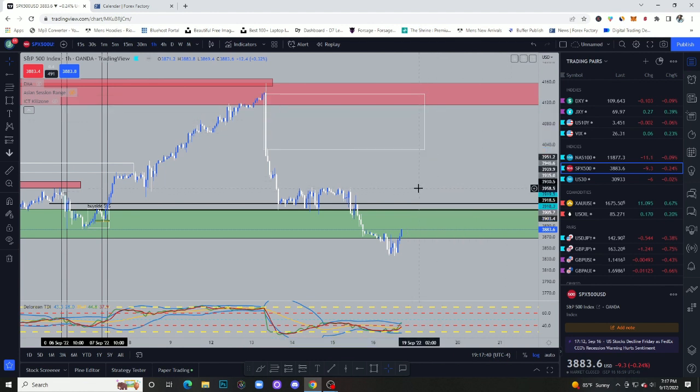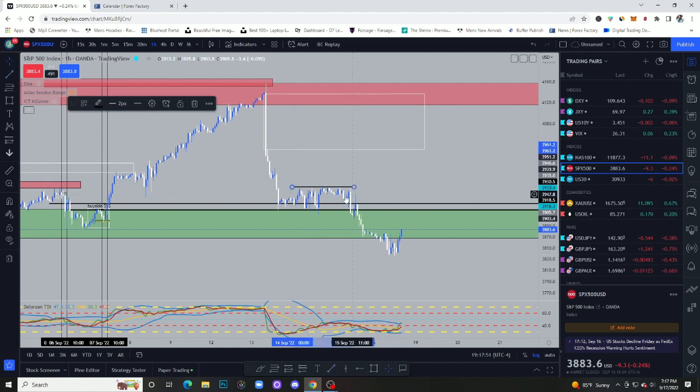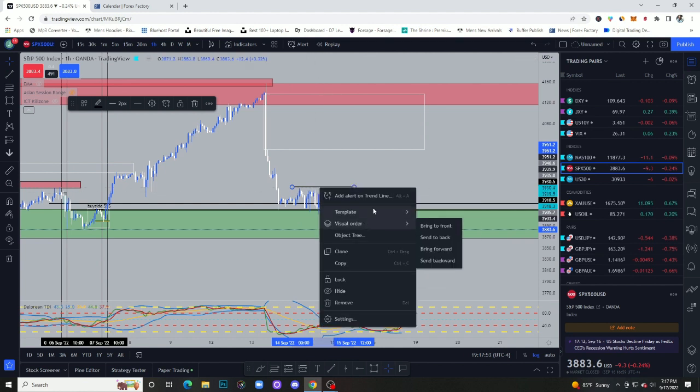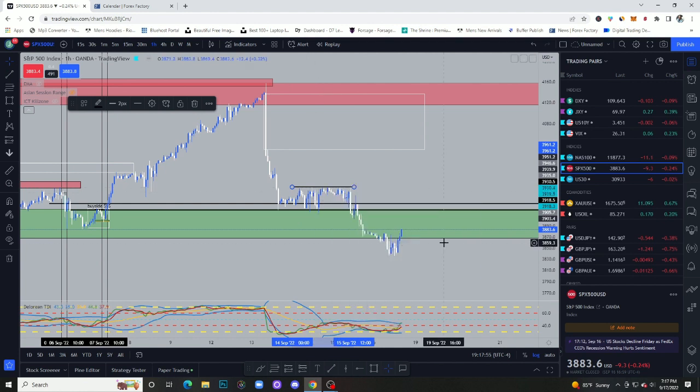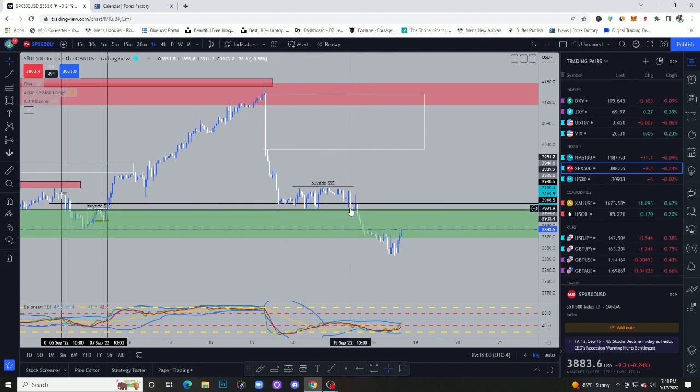So I think eventually price is gonna come back up into this area, take out all of this buy side liquidity right here. Basically all of these relative equal highs right here. I think price is gonna come and take this out because I already took the sell side liquidity right here. And normally when price takes out sell side liquidity, then it makes a run on the buy side liquidity.